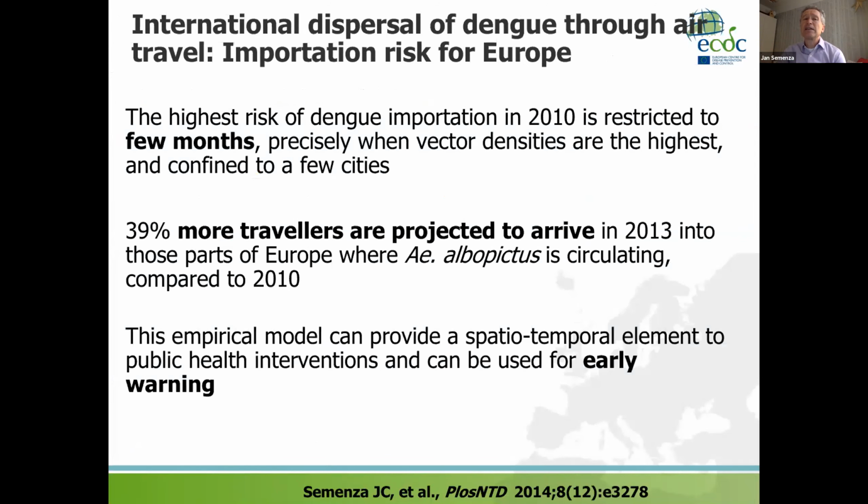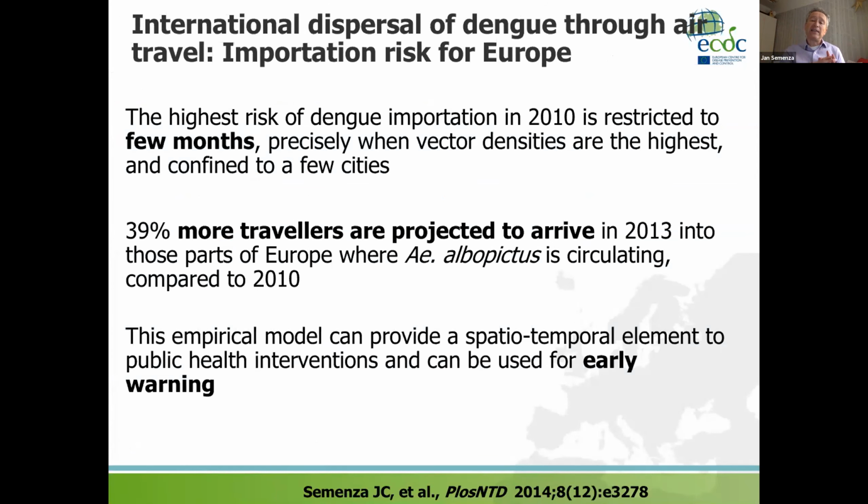So in summary, this analysis found that the highest risk is restricted to these 3 months that I mentioned, and that's exactly when the vector density is the highest, and the risk is confined only to a few cities.